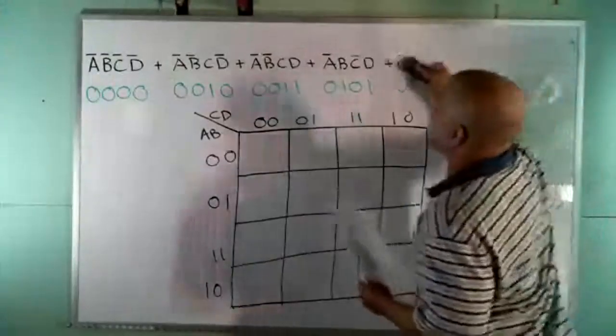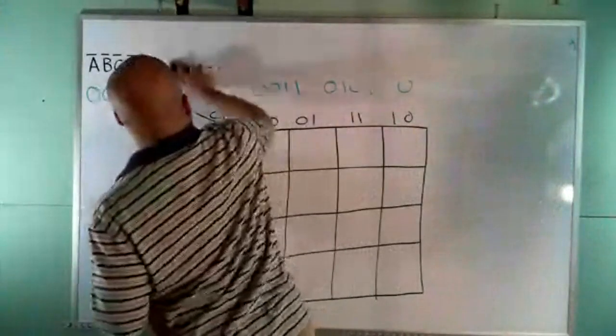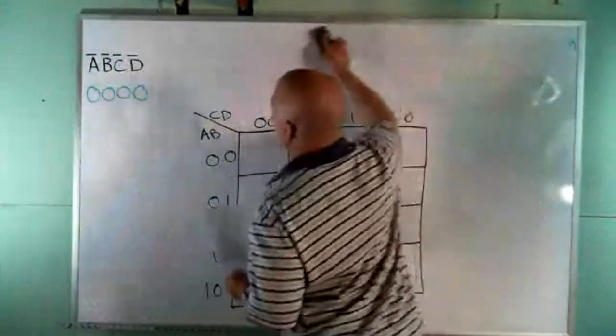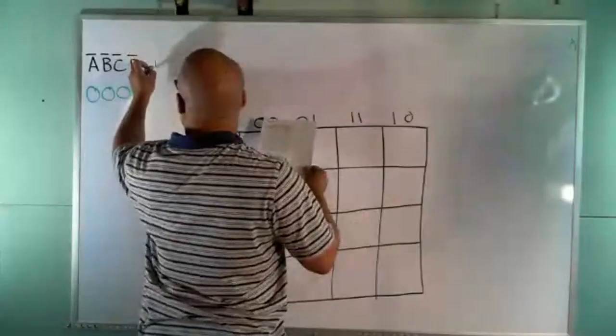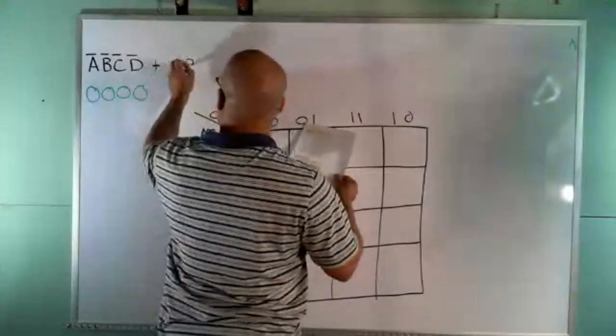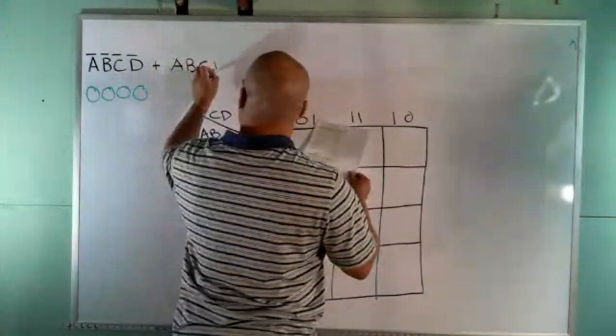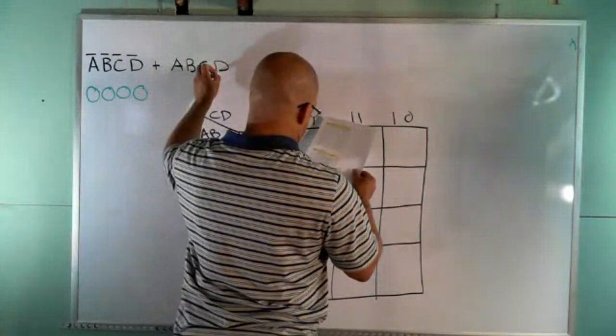Okay. Let me do this just for my own personal sanity. Let me get rid of this. And this will help me here if I put my glasses on. So I have A, B, C, D, and these are all knotted.